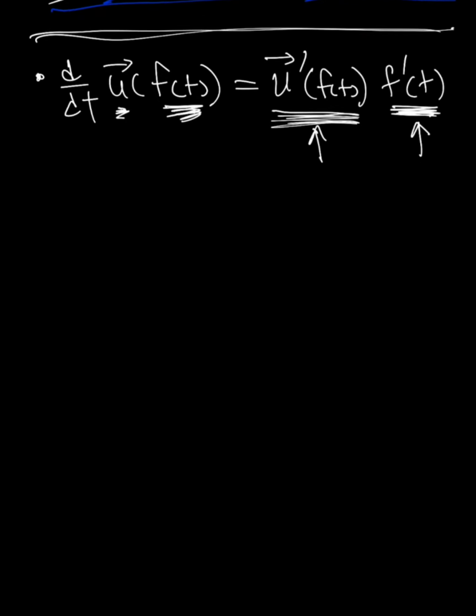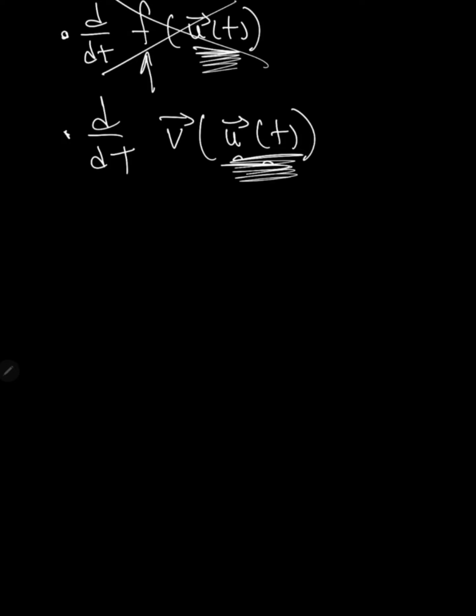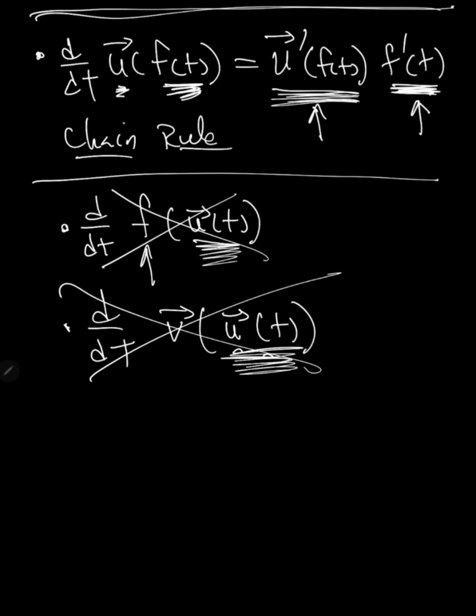And we can't have something like this either, v of u of t, because u of t is a vector, and our vector valued functions take only numbers, right? t as input. So this expression inside the d/dt doesn't even make sense. Okay, so that's why we only have this single version of the chain rule for the derivatives of vector valued functions.